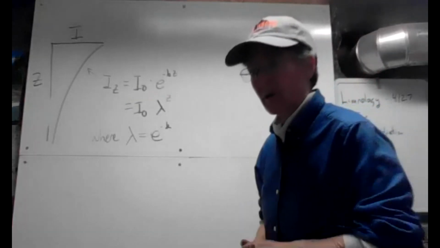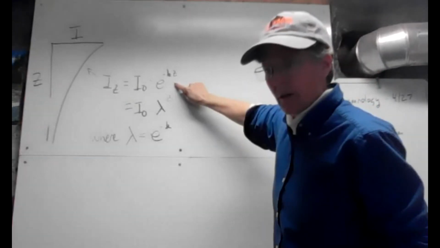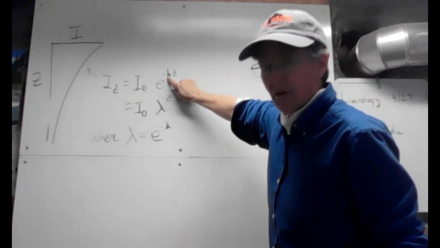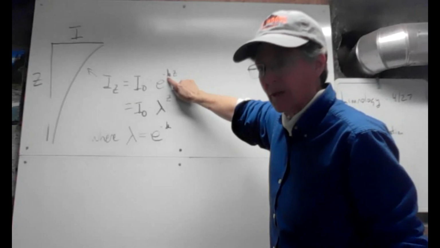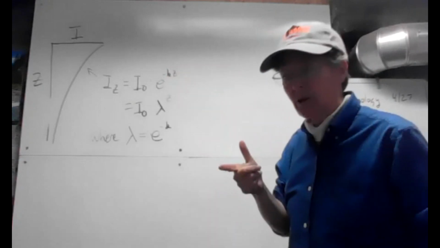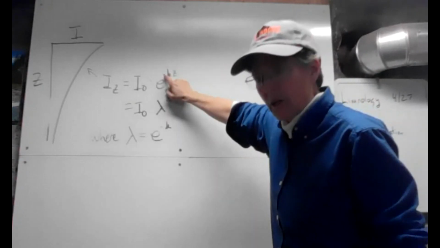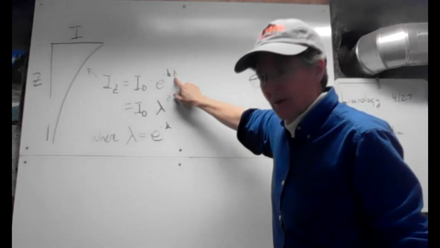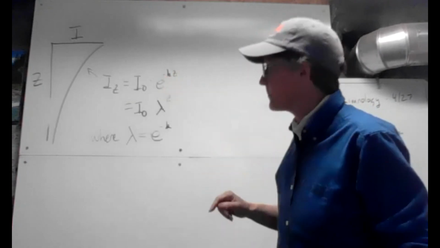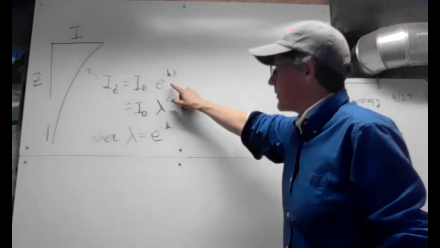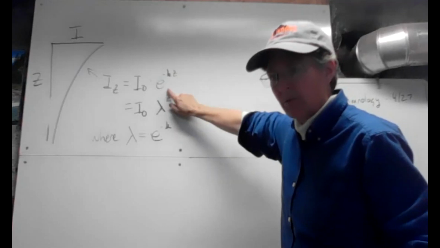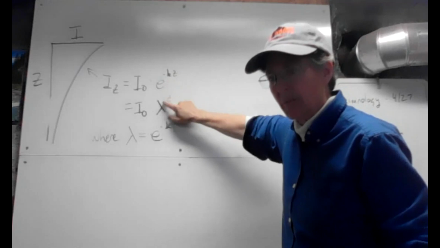Either k is a negative number or there's a negative sign here, but either way, the thing that's multiplying z, depth, has got to be negative. Alternatively, you could write it like this and just use lambda in place of e to the negative k.